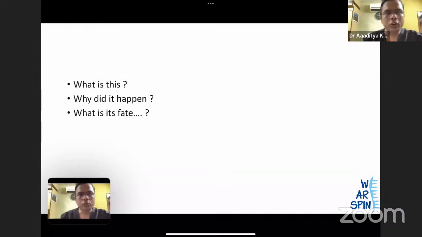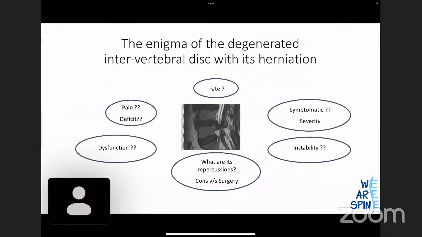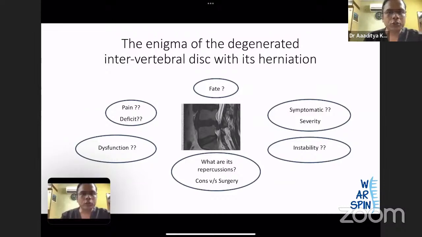They often ask us what is this, what will happen to that, why this has happened, and what will be the fate or prognosis of this condition. When all these questions are bombarded at you, as a clinician, depending on the clinical and MRI picture, you are also in a dilemma whether to go ahead with conservative treatment or operative treatment.